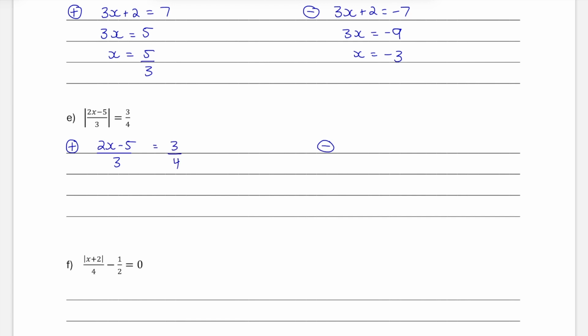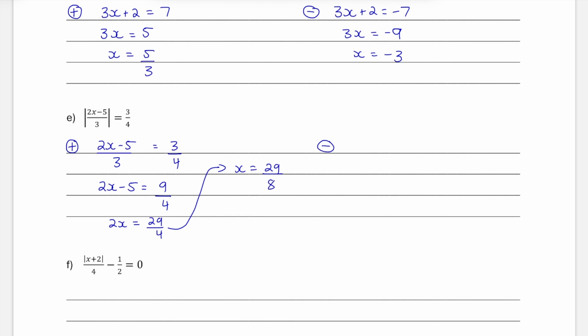Here I solve like a regular linear equation. I multiply the 3 to the other side. Then I add 5. And then I divide by 2. I might just move my answer up here. So that's my positive solution.